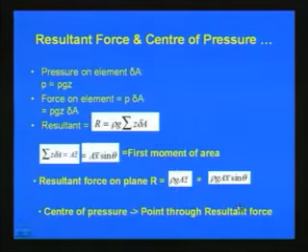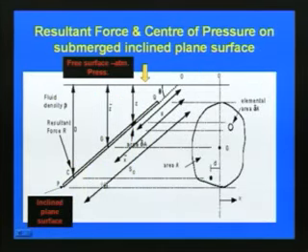Here, in the previous slide with respect to this figure, we have already seen this. We want to find the center of pressure with respect to the resultant force and then with respect to the elemental area which we are considering.